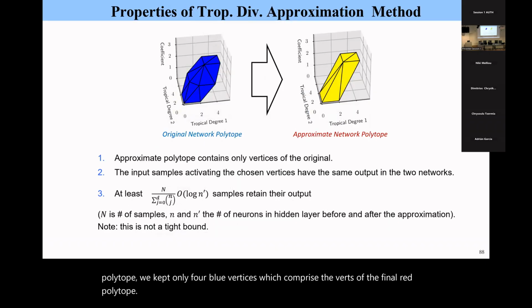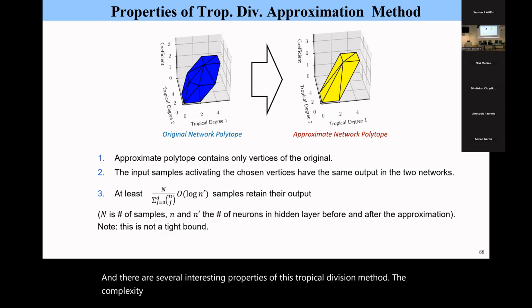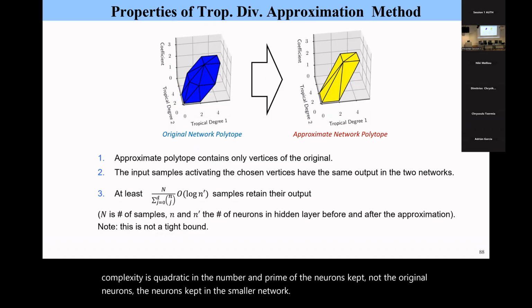And there are several interesting properties of this tropical division method. The complexity is quadratic in the number n prime of the neurons kept, not the original neurons, the neurons kept in the smaller network. The algorithm is simple to apply.